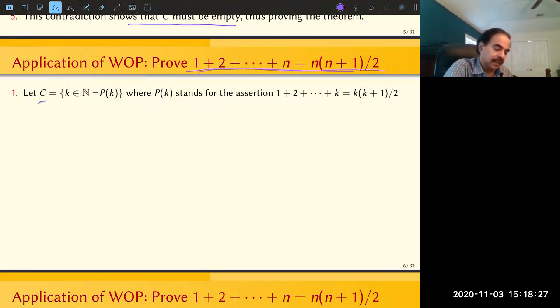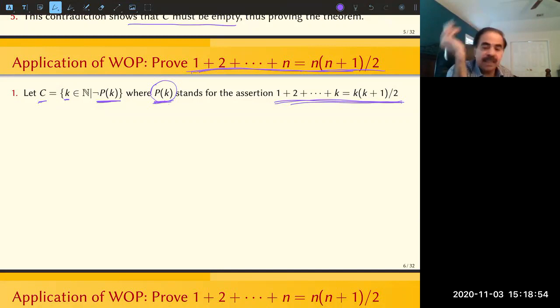So we are going to say the set of counterexamples C consists of numbers such that this identity, which we will call the predicate P of K, does not hold. P of K is basically the theorem that you want to prove. A counterexample would be one for which P of K does not hold, and the set of counterexamples would be all K such that P of K does not hold.